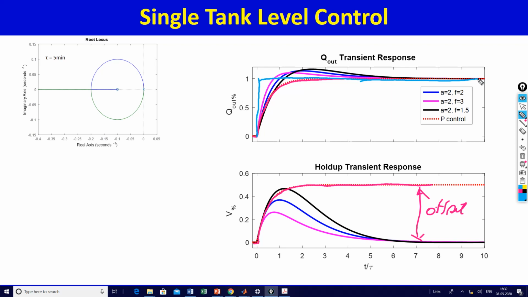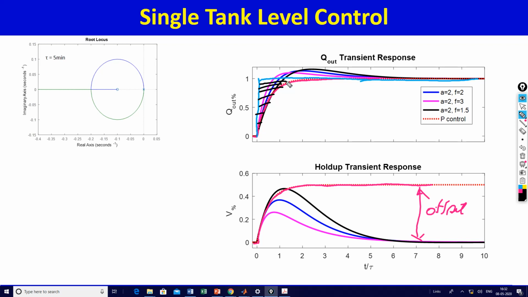So let's say we are looking at the black curve. This area represents the volume that has accumulated in the tank. Because of integral action, you want the tank level to go back to 0.